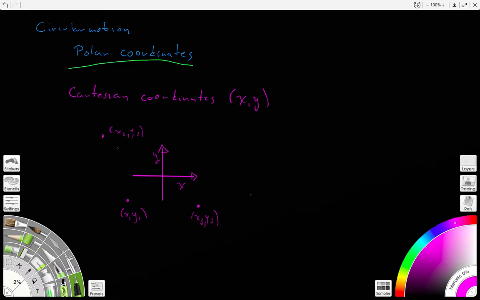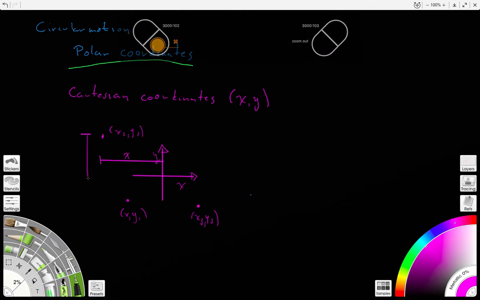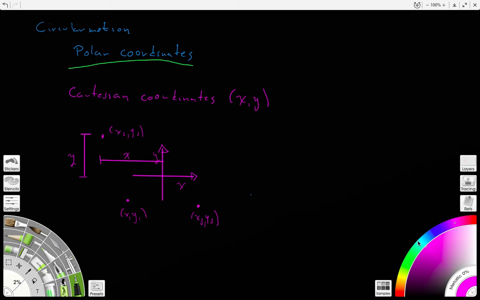I'm going to repeat myself here: x represents the horizontal distance from the vertical axis, so this is x, and y represents the vertical distance from the horizontal axis, so this is y right here. Okay, that is how we figure out any point in space.